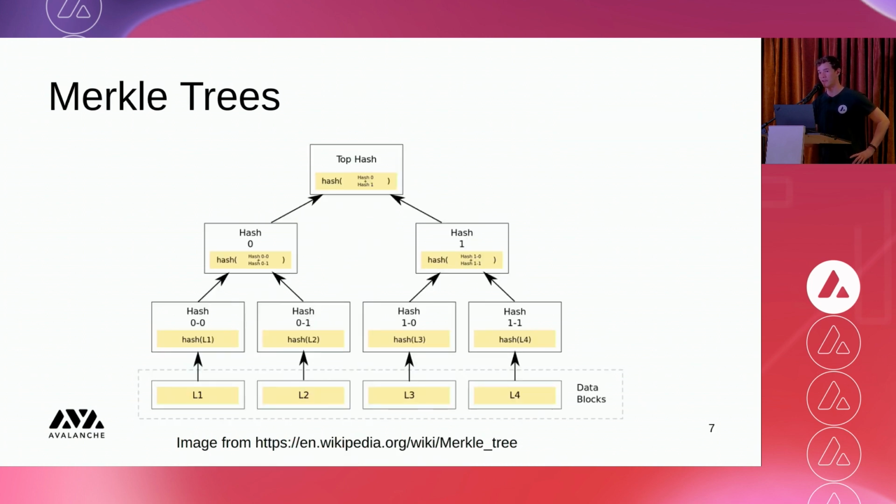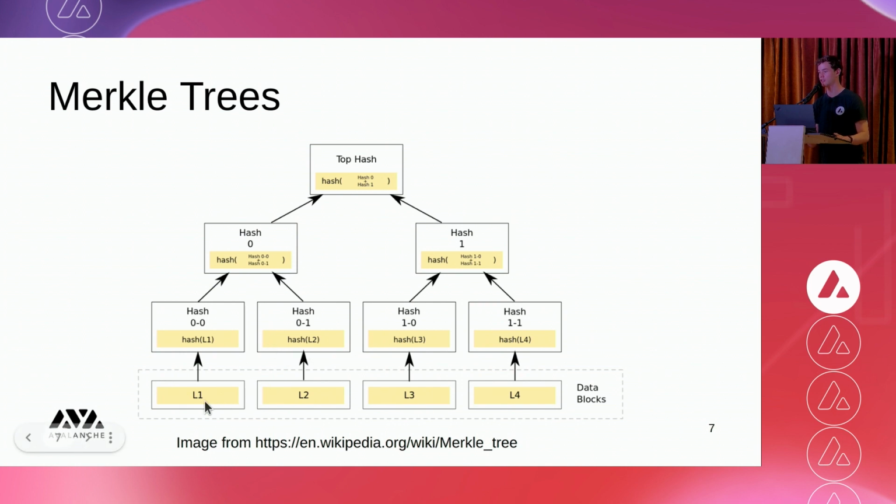Okay, there's another different data structure called a Merkle tree, and this has the property that if you change any of the data in the tree, then the root hash changes. Because every node in the tree, its hash comes from the hash of its children, right?